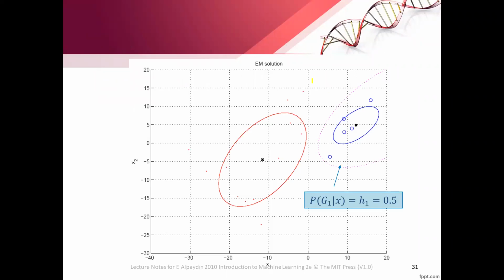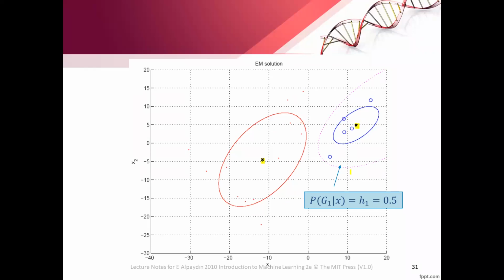So here is a solution of such an assignment. Here are these red observations and some blue observations, and this is described by 2 Gaussians, one with the mean here and the second with the mean to the right.